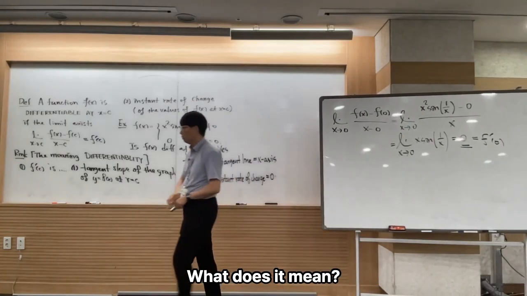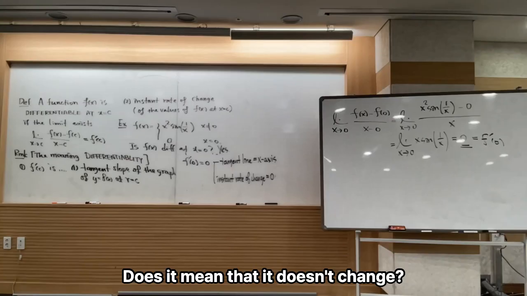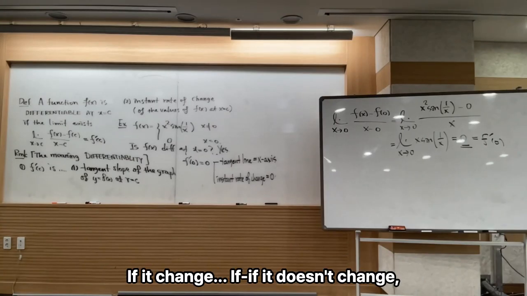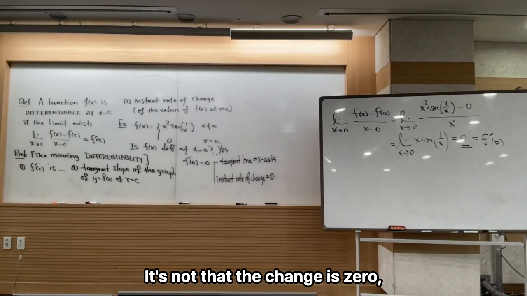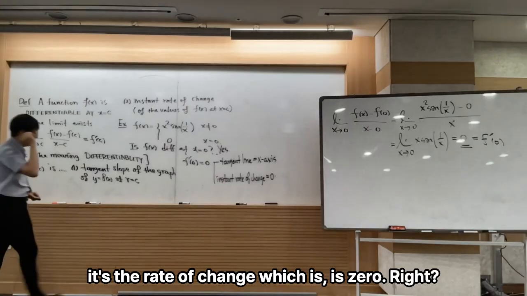What does it mean that you have instant rate of change equals to 0? Does it mean that it doesn't change? It's not that it doesn't change at all. If it doesn't change, then it's just a constant function. It's not that the change is 0, it's the rate of change which is 0, right?